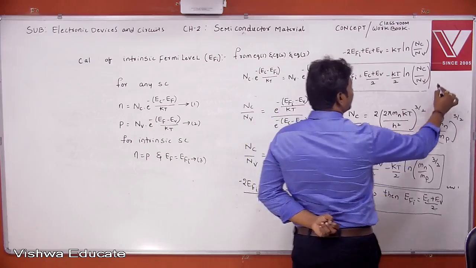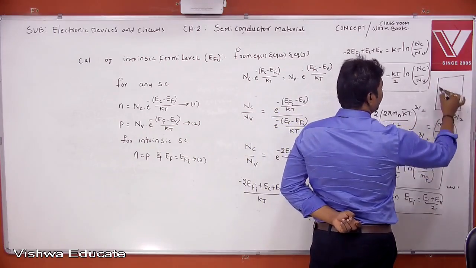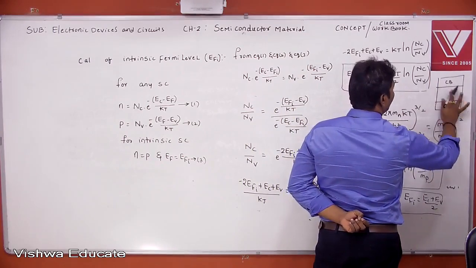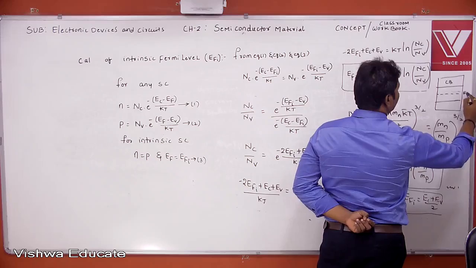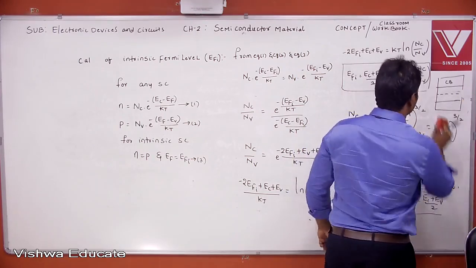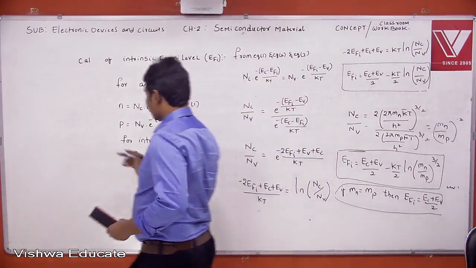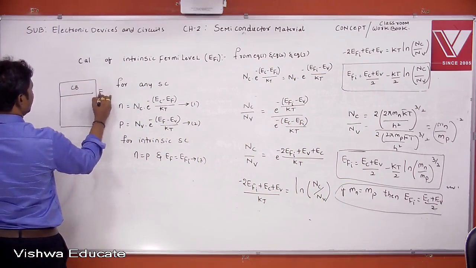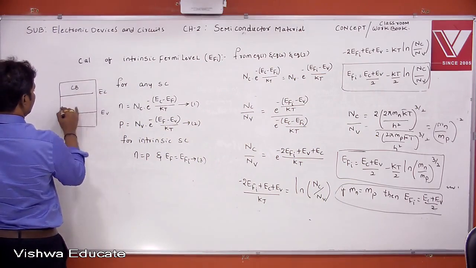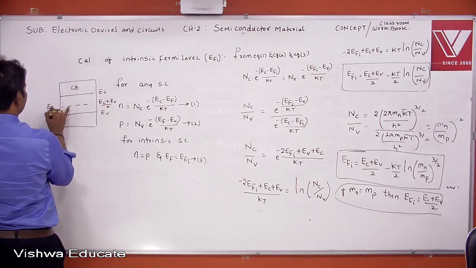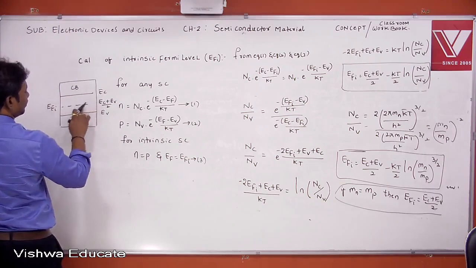In case of an intrinsic semiconductor, the Fermi level lies in the middle of the forbidden band. This is Ec, this is Ev, this is (Ec plus Ev) by 2, this is EFI. Exactly, it lies in the middle of the band gap.